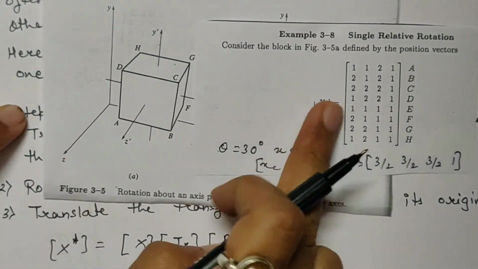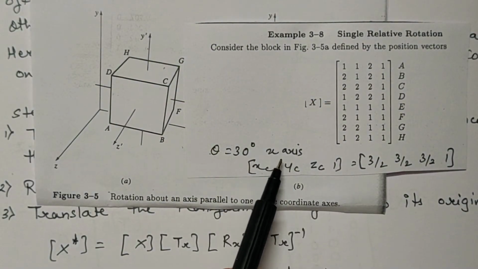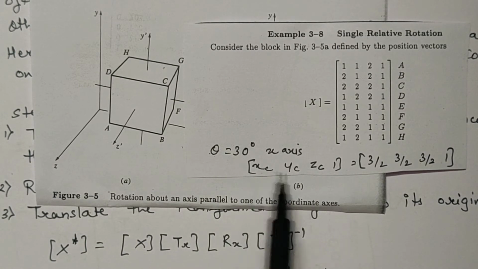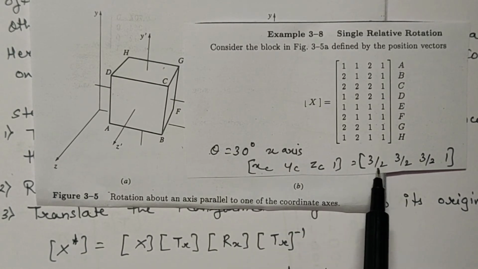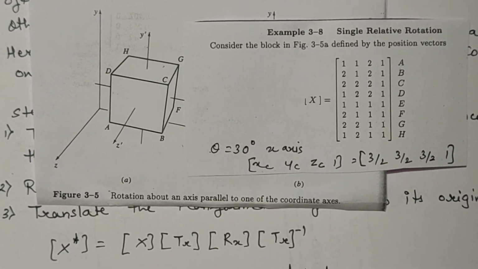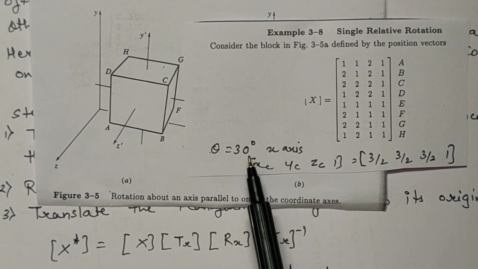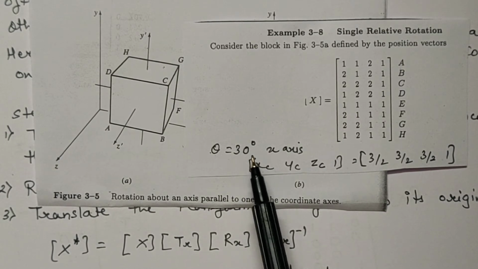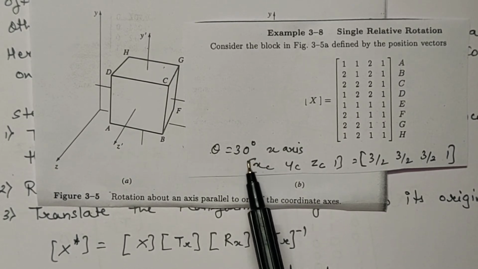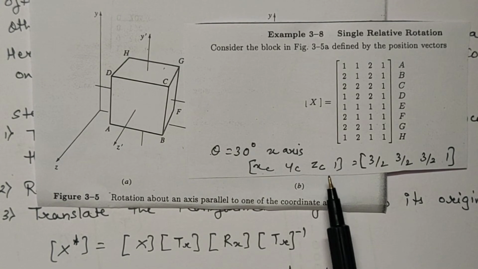This X is given, that is my original points, theta is given as 30 degrees along the x-axis, and the centroid is denoted by xc, yc and zc. Their values are given as 3 by 2, 3 by 2, 3 by 2 and 1. Now with the help of the formula, let's see how to calculate the translation matrix.